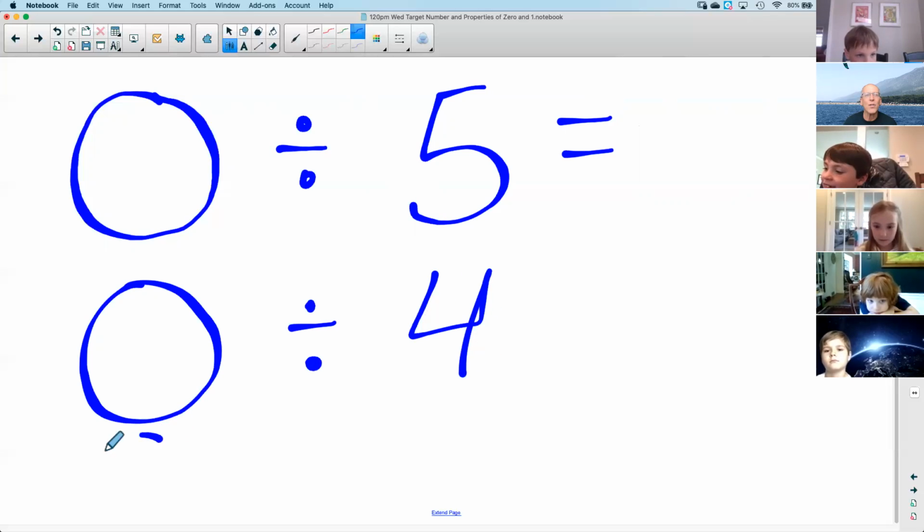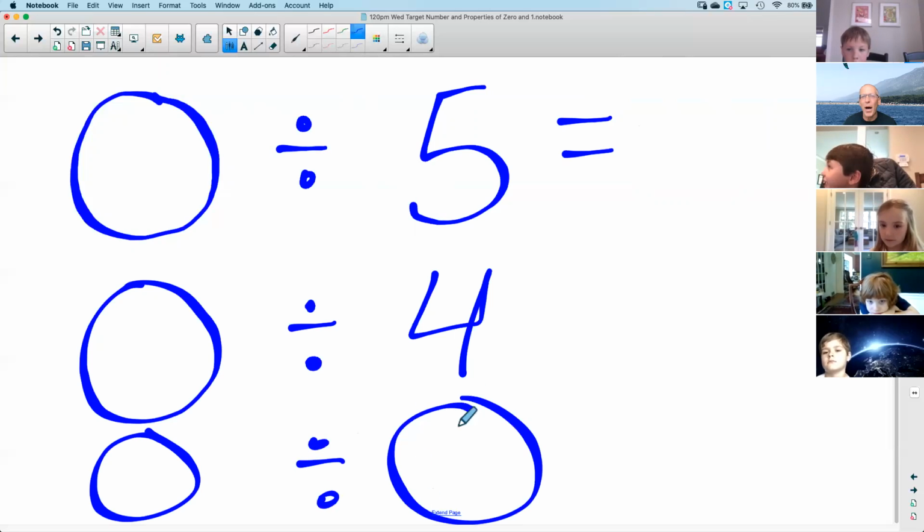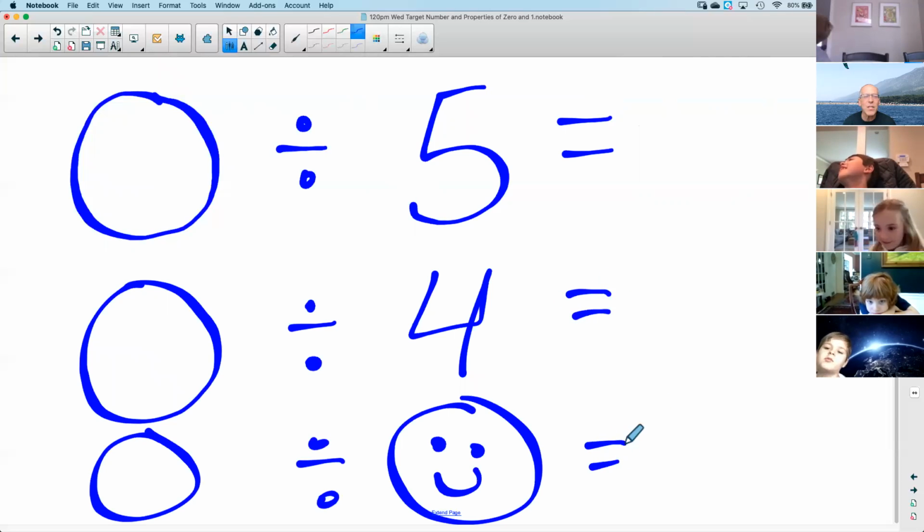Or what about 0 divided by smiley face? So I want some different hands up answering these questions. So who's got some ideas about when I take 0 and I cut it up into 5 pieces? Or I take 0 and I cut it up into 4 pieces. Or I take 0 and I cut it up into smiley face pieces.